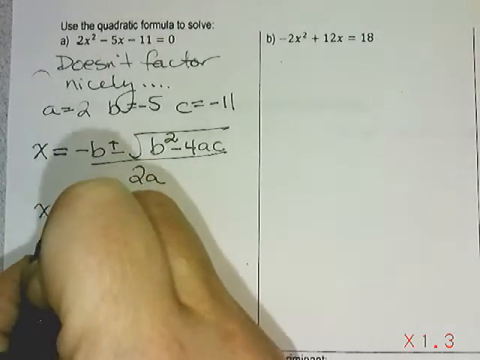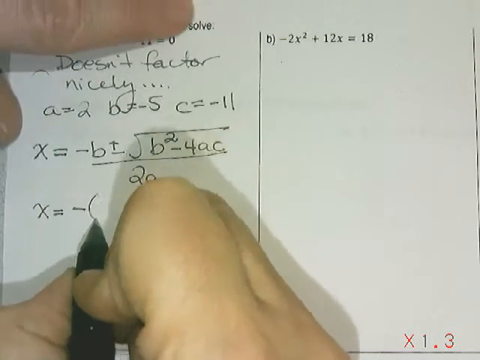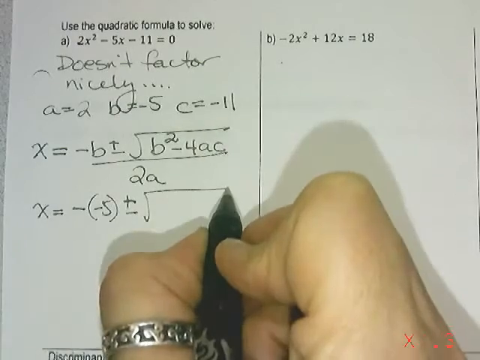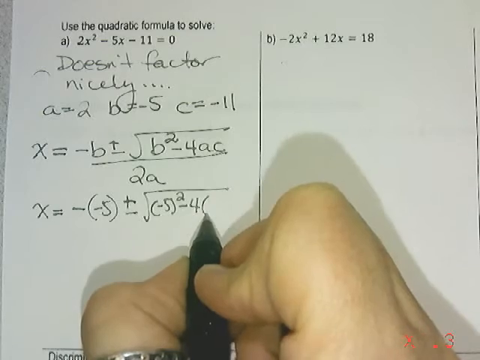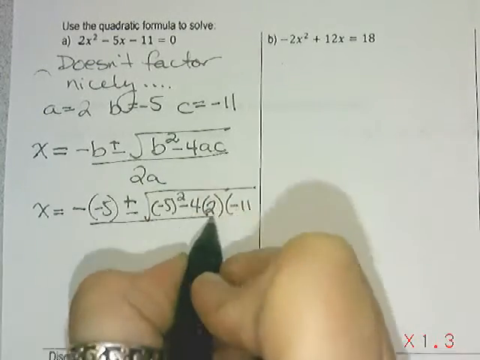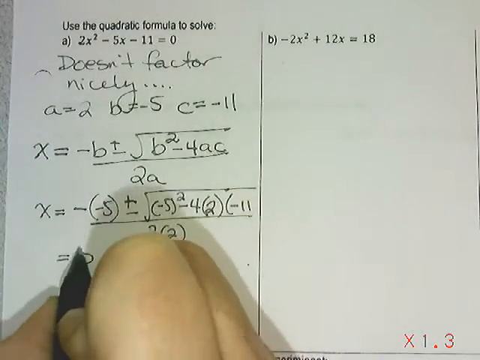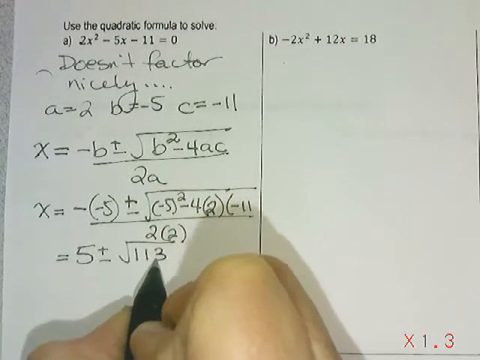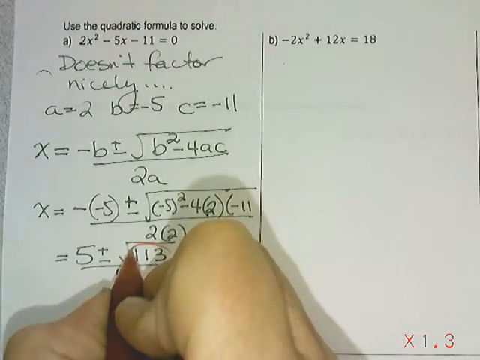In this particular case, when I have a -5, that will become a +5, plus and minus the square root of -5 squared minus 4 times an a of 2 times a c of -11, all under that root sign, all over 2 times a 2, or a value. So I have 5 plus and minus the square root of 113 all over 4.